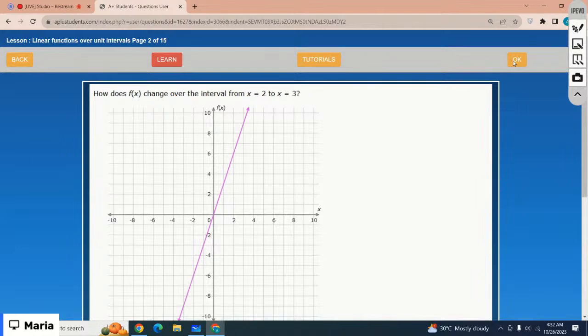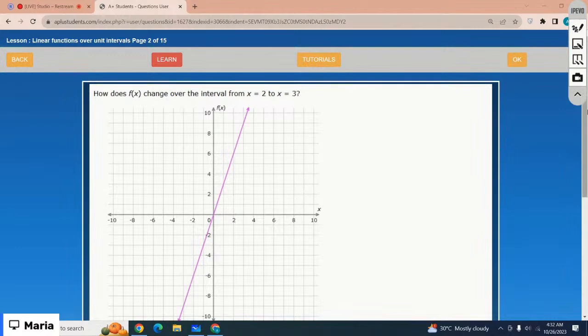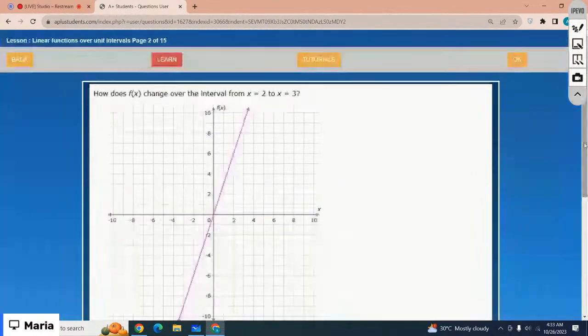You have to see how the function is increasing from x equals 2 to x equals 3. So f of 2 is 6 and f of 3 is 9. So the function is increasing by 3, right? Not by a factor, just the value. The function increases by 3. Got it?